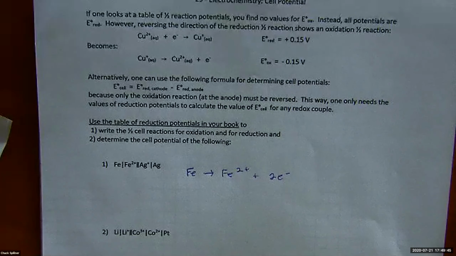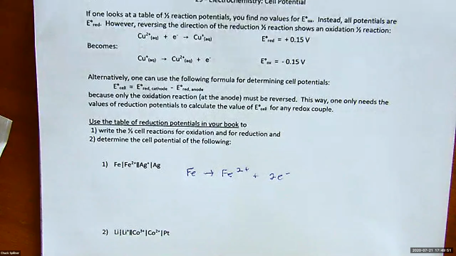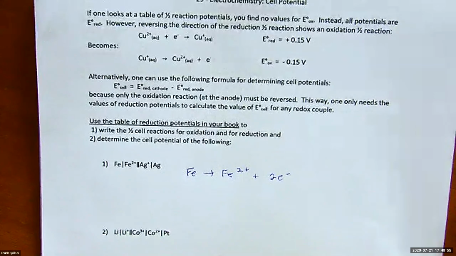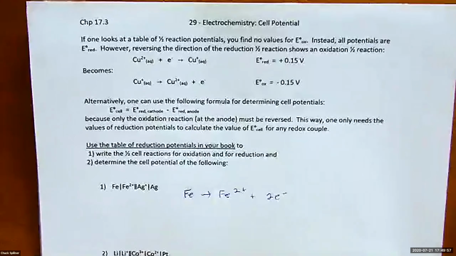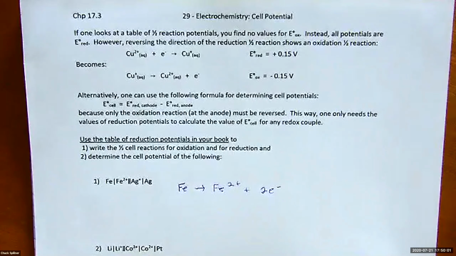Let me brighten it up a little bit. There you go. Okay, hopefully you can see that. So this is worksheet 29. There's always an introduction on most of the worksheets, which pretty much summarizes what I just covered in the lecture. So let's get into it.